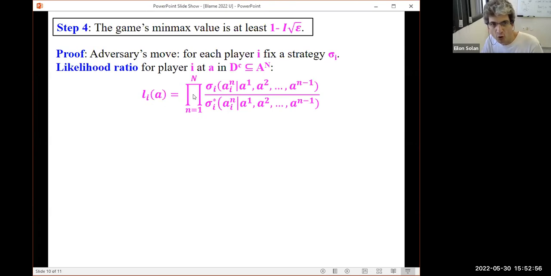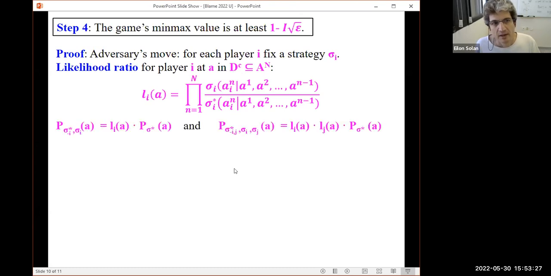This is the product over all n stages of the probability that sigma I chooses the move a I n, and in the denominator, the same product, but relative to sigma star I. So this ratio is the likelihood ratio of the actions of player I between the deviating strategy sigma I and the honest strategy sigma star of I. Now we can note that if we take this likelihood ratio and multiply it by the probability of A under sigma star, we simply get the probability to get A under sigma star of minus I and sigma I.